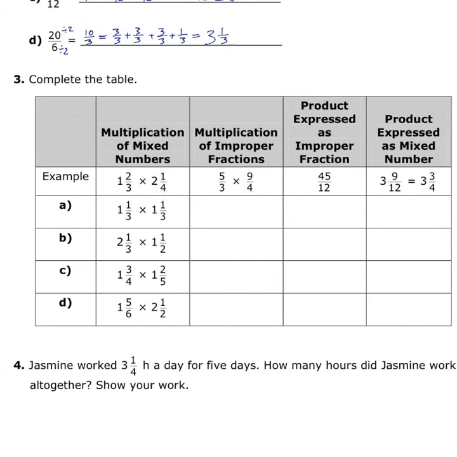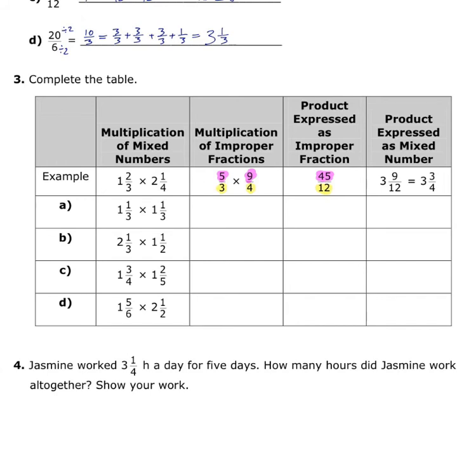And multiplying that, basically you're just doing top times top, gives you the 45. And the bottom times the bottom gives you the bottom here. 3 times 4 is 12.